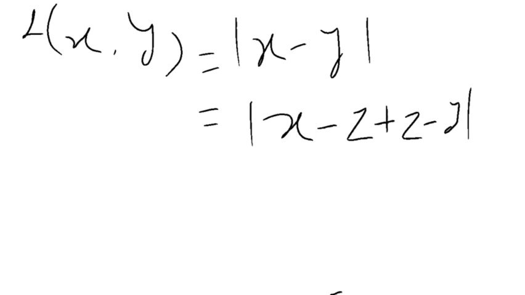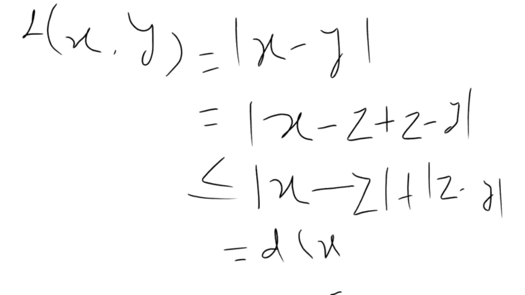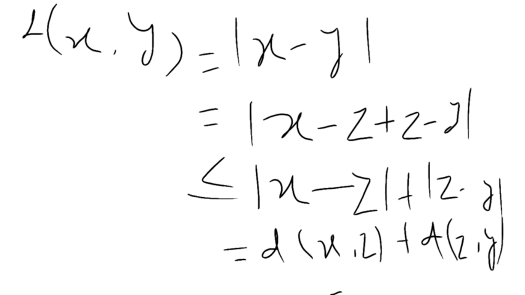Again I am using a property of modulus, that it is less than or equal to modulus of x minus z plus modulus of z minus y. This is the definition of d(x,z) plus d(z,y). So this is all about the triangular inequality, the fourth property, that is d(x,y) is less than or equal to d(x,z) plus d(z,y).